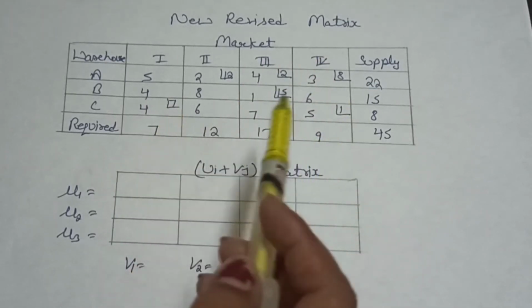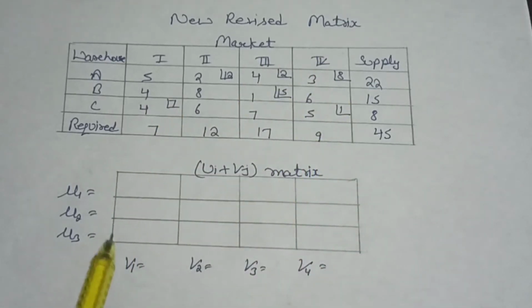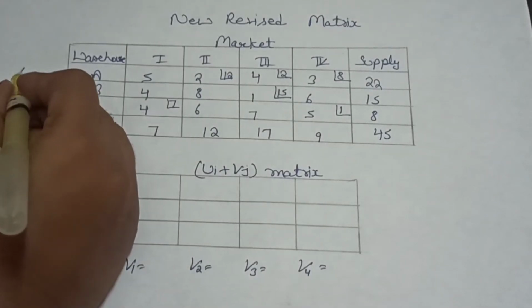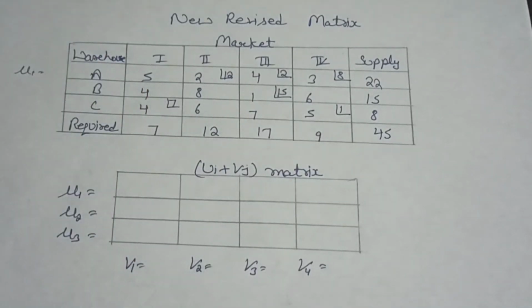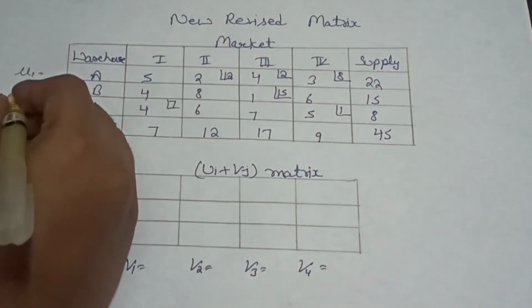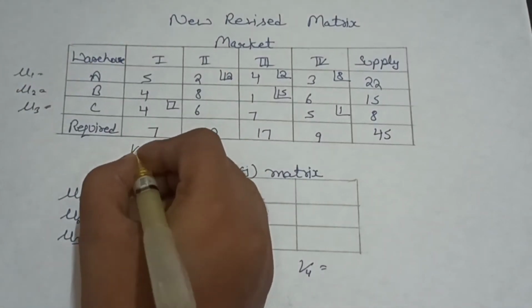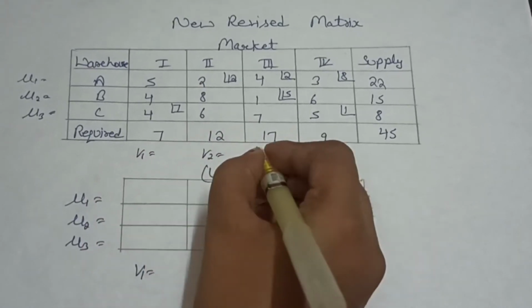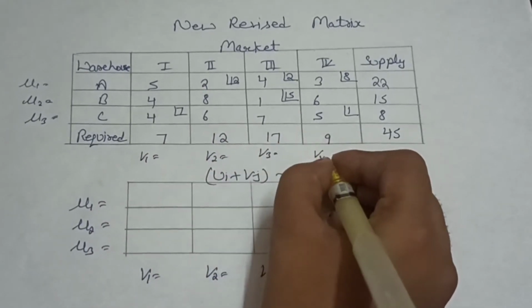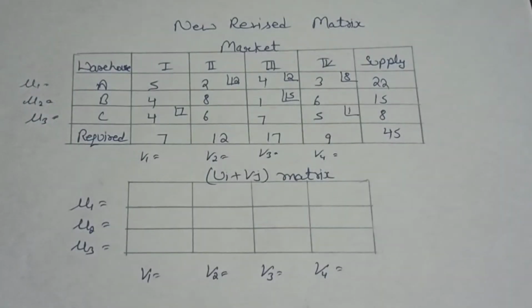So we will calculate the ui plus vj values again. Now we have to write u1, u2, u3, and v1, v2, v3 and v4. First of all, students, we will write u1 as 0 because we always start with u1.